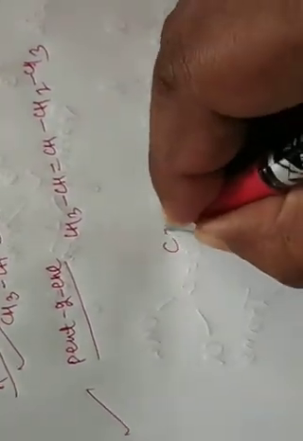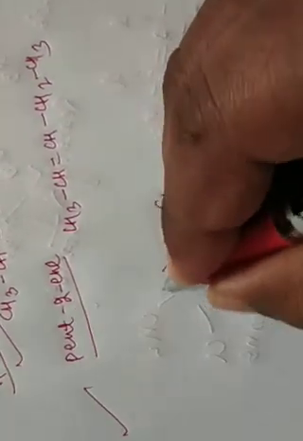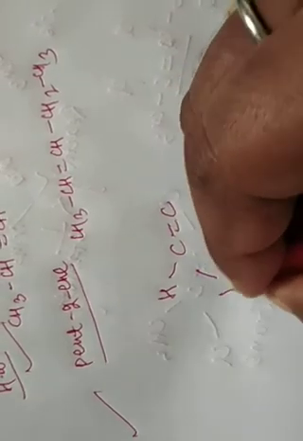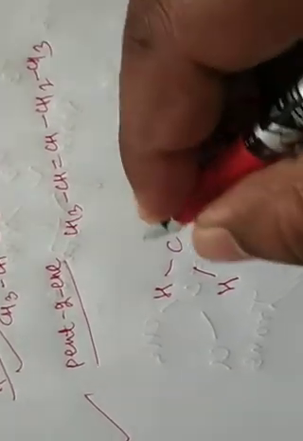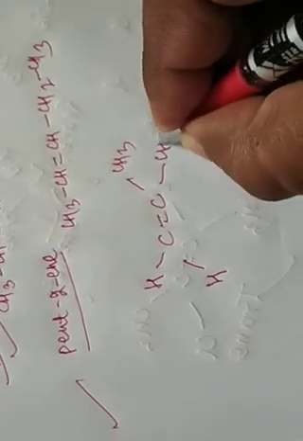Now this is very important information. Suppose you have this type of structure: one carbon attached to hydrogen and one carbon attached to a CH3 group. This type of structure does not show GI, geometrical isomerism.